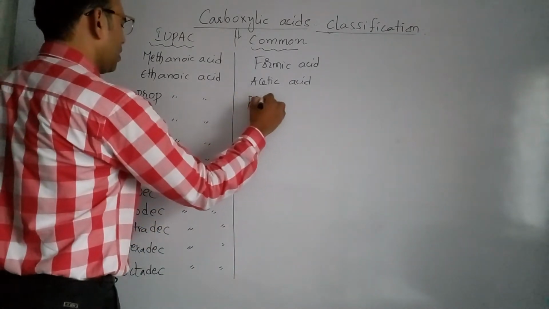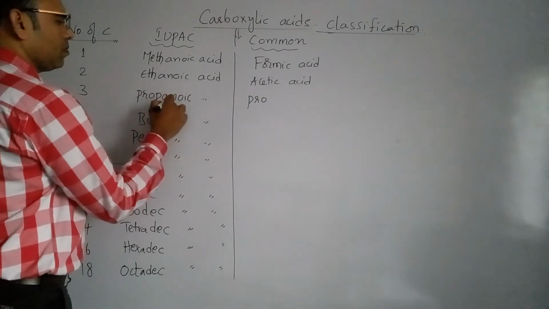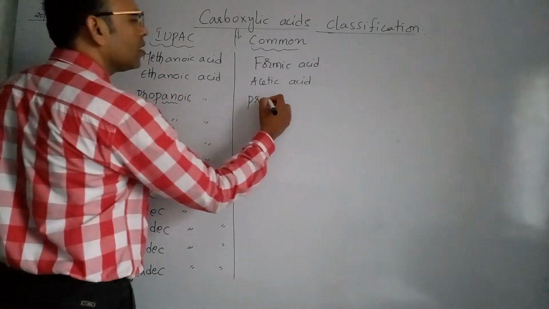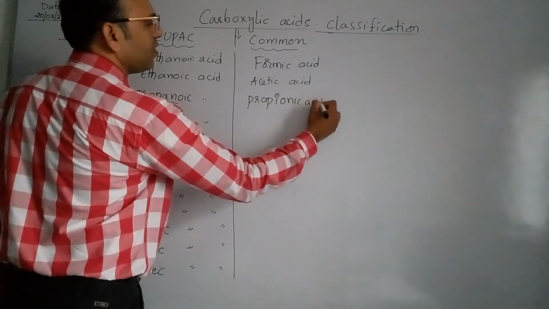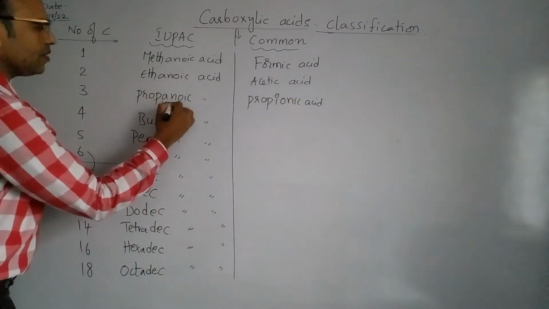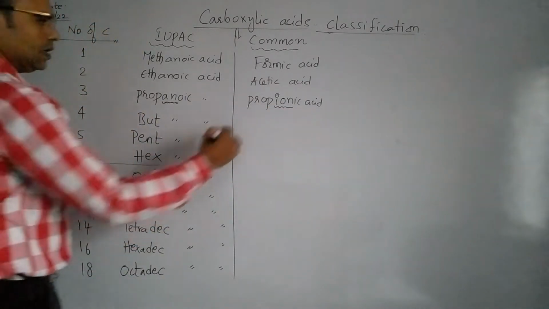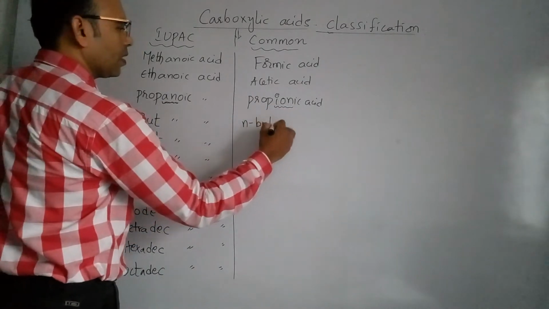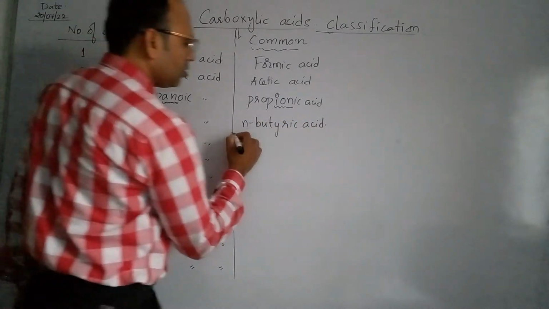Next, this is propanoic, but here it will become propionic. That is the difference between the IUPAC name. AN will come in IUPAC, here it is ION, propionic, and then n-butyric acid. So up to this is fine.